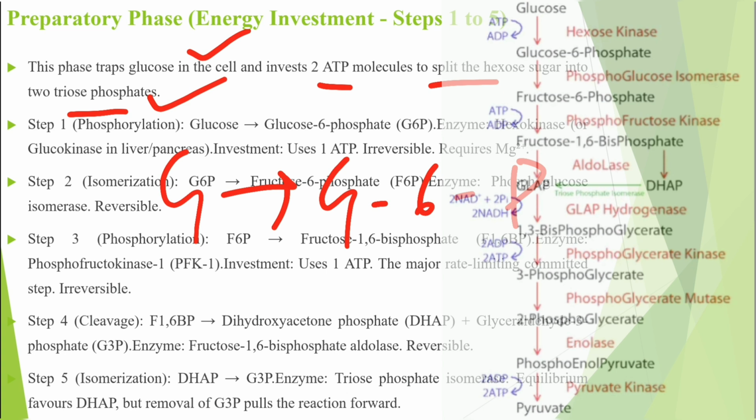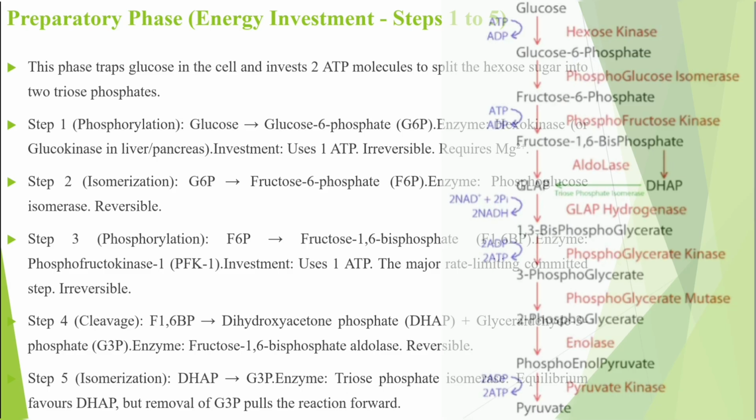The enzyme which helps in this reaction is hexokinase, or glucokinase in liver or pancreas. Here 1 ATP is utilized, and this process is irreversible and requires magnesium ion. The second step is isomerization, when glucose 6-phosphate forms fructose 6-phosphate, and the enzyme is phosphoglucose isomerase, and this process is reversible.